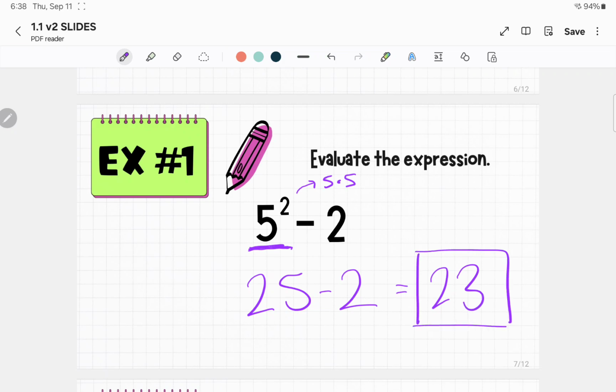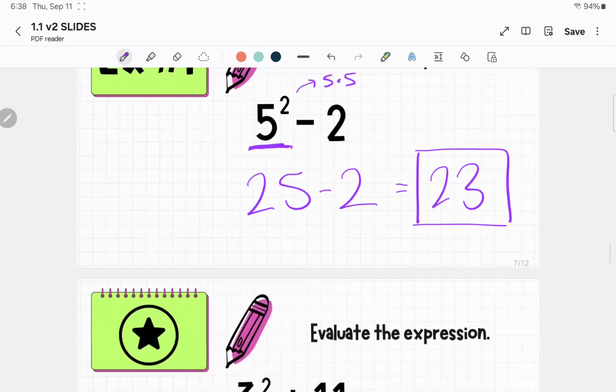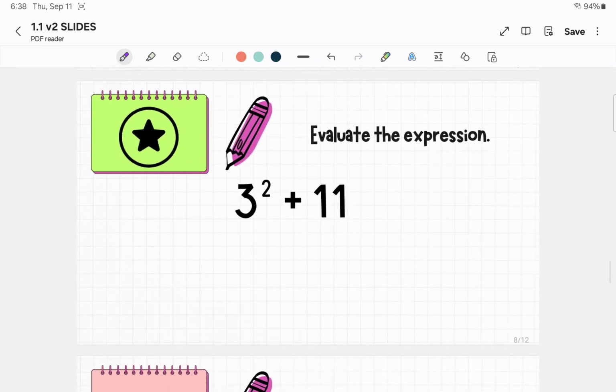I am done. All right, so I want you to go ahead and write the try it down and try it. Pause the video and try it by yourself. All right, so hopefully you did it. We're going to evaluate the exponent first because there's no parentheses. This 3 squared means 3 times 3. So 3 times 3 is 9.